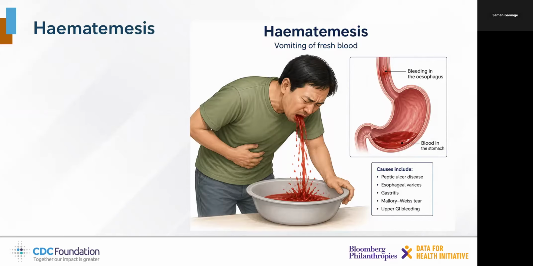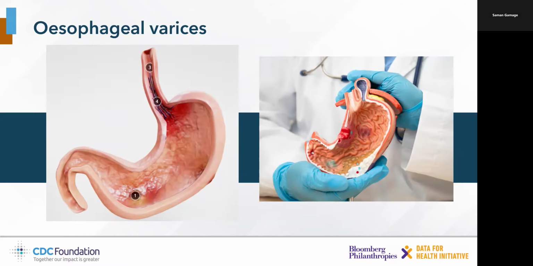Hematemesis is vomiting of fresh blood, and this could be due to some bleeding inside the esophagus or the stomach. It can be caused by peptic ulcer disease, esophageal varices, and by other causes. Here you can see the venous engorgement inside the lower end of the esophagus.